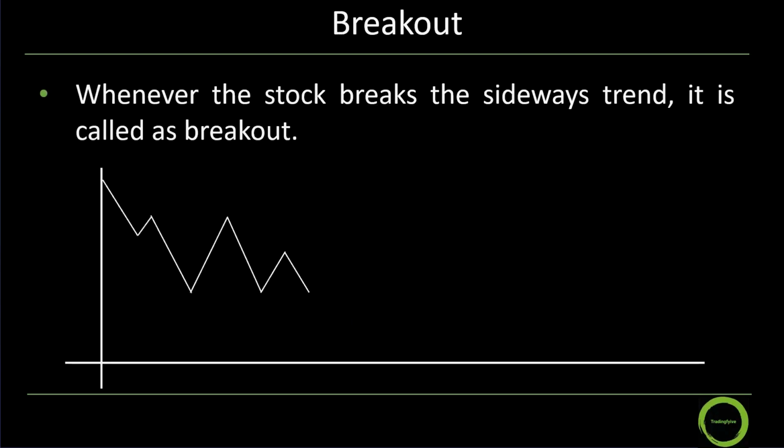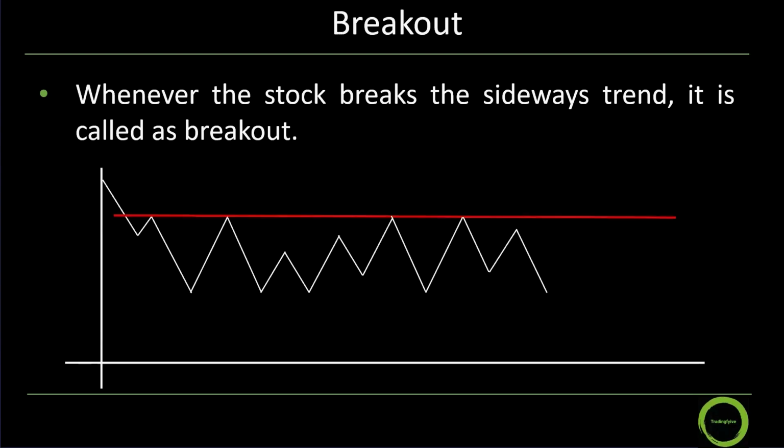For instance, let's consider a stock which is in a sideways trend and is resisting at this line and taking support over here. When the stock breaks the support or the resistance, it is called a breakout. You see on your screen that the stock is breaking the sideways trend by getting out of the box. This indicates a breakout, and a breakout also indicates that a new trend has started in that stock.